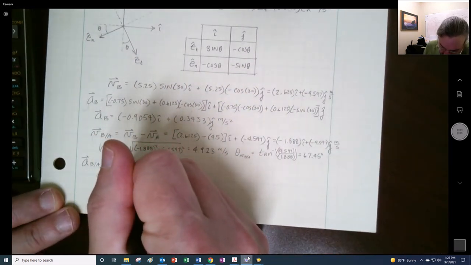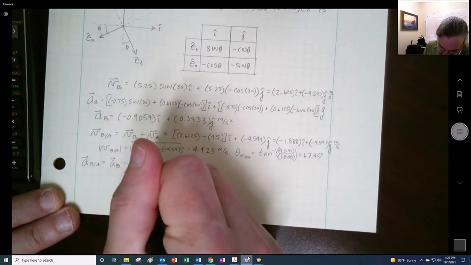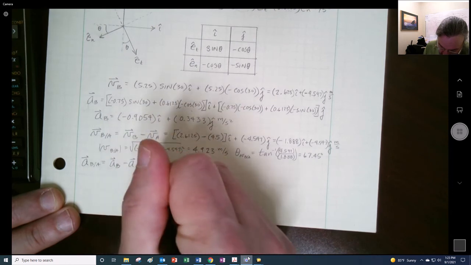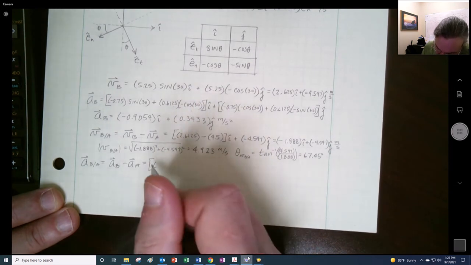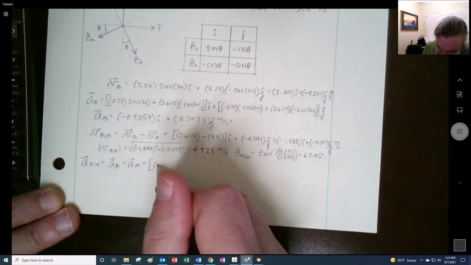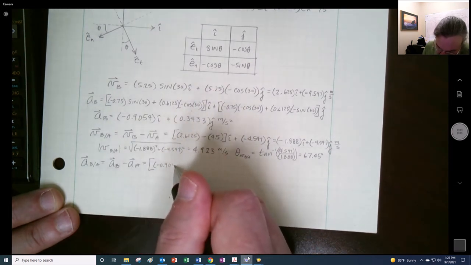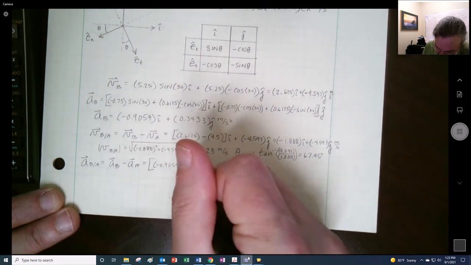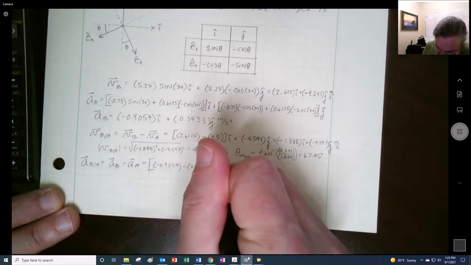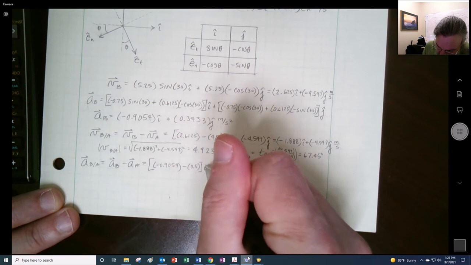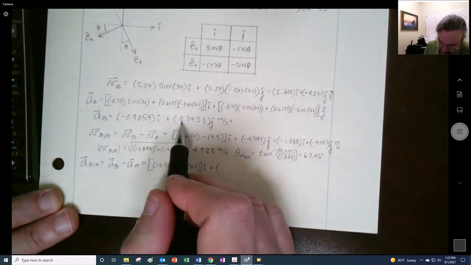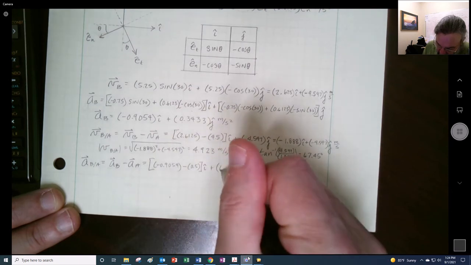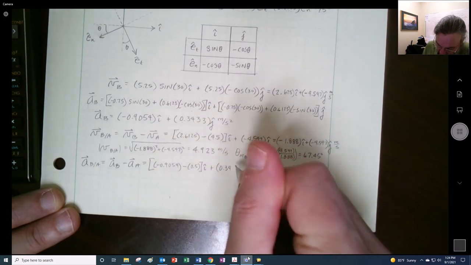So this is the acceleration of B minus the acceleration of A. All right, and so we'll take B, which we said was negative 0.9054, and then minus that 0.5, and that's the I, and then plus, that's just going to be this guy right here, because there's nothing to subtract out in the J direction.